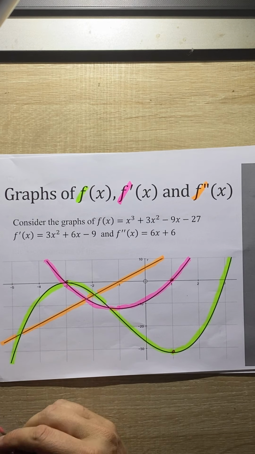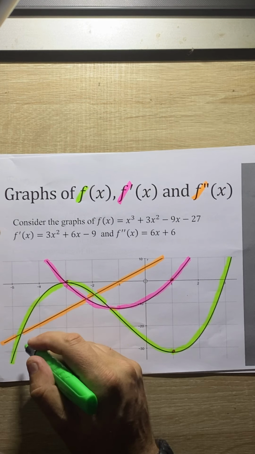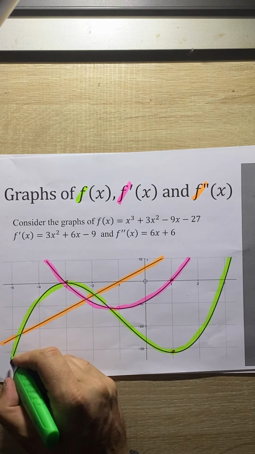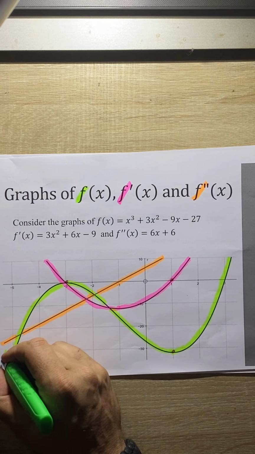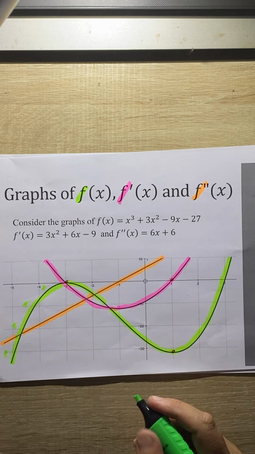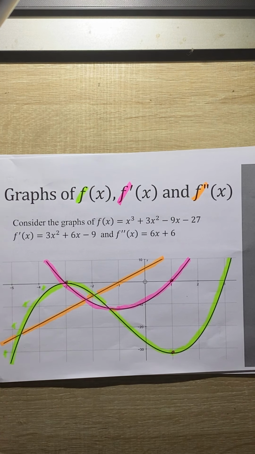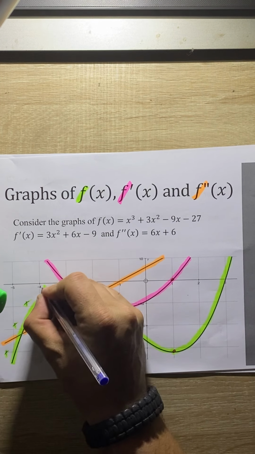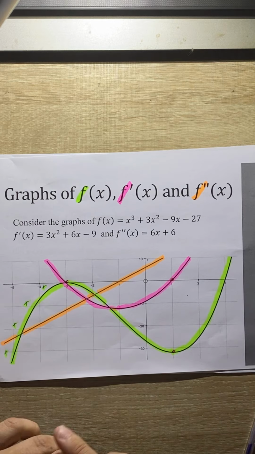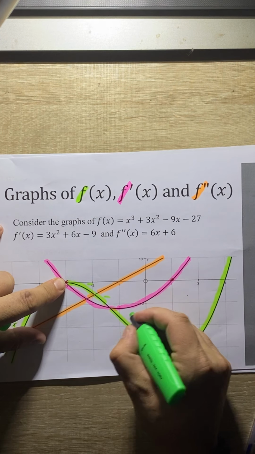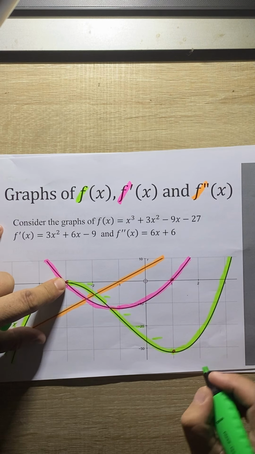Now another thing that I want you to notice here is the gradient of our original one, the green one. The gradient here is positive. So that's positive, positive, positive, positive. I'm just going to highlight that because you probably can't see. So it's all positive here, positive gradient. Then, as we pass this turning point here, we get a negative gradient for our original graph.